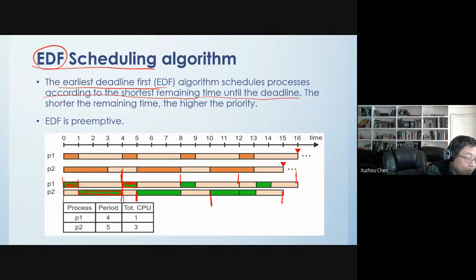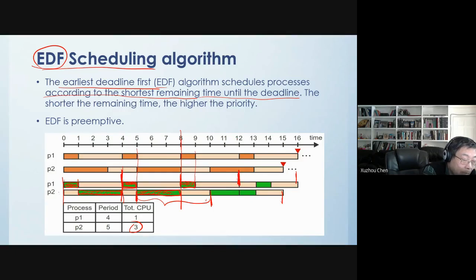After process 1 finished at time 5, process 2 is available because that's the beginning of its second period. Process 2 gets the CPU, runs for 3 time units, and reaches 8. Then process 1 is available at time 8 and starts to execute. Now things are going to happen. When process 1 finishes at time 9, the next period starts at 12, right?